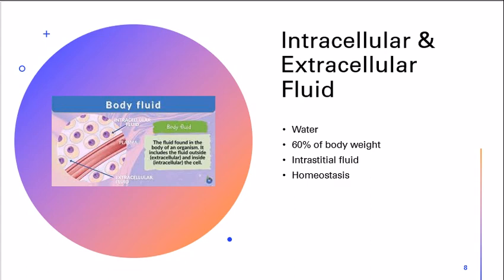Now, the internal environment of the body is extracellular fluid, which bathes each body cell. An important balance has to be kept regarding the internal environment. Anytime this balance deviates in any way from normal, and we see this quite often when our patients have some type of trauma or serious illness, the body responds and attempts to bring it back into balance.